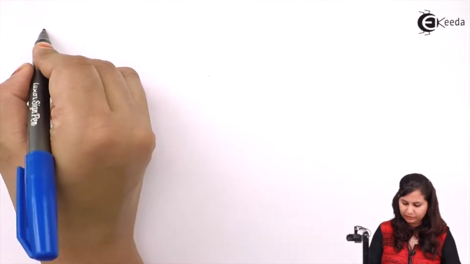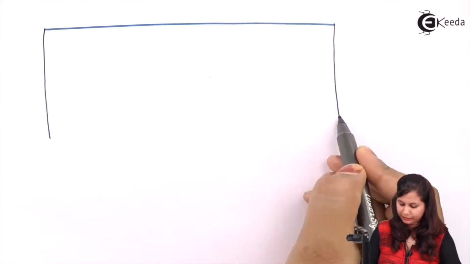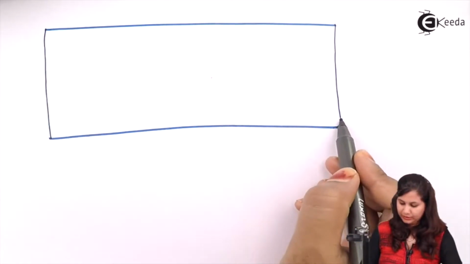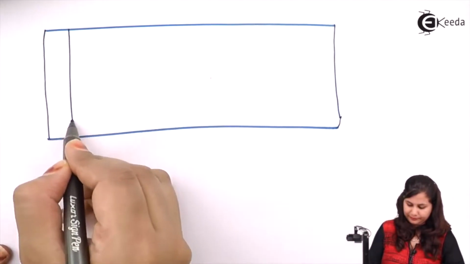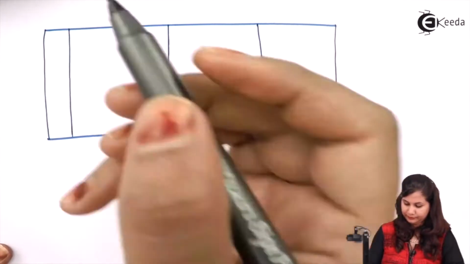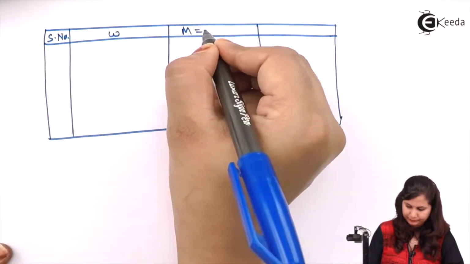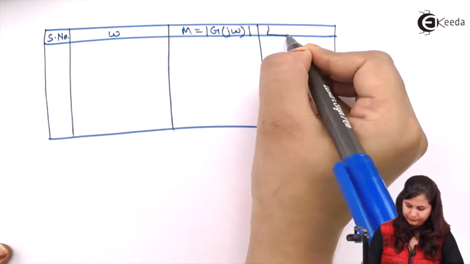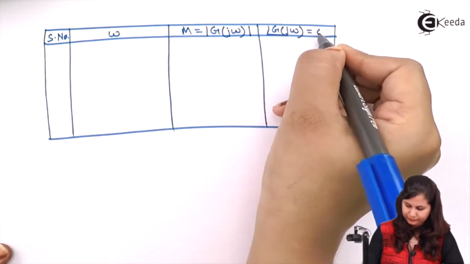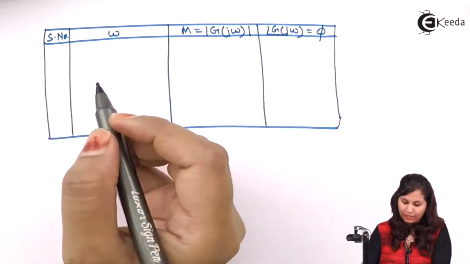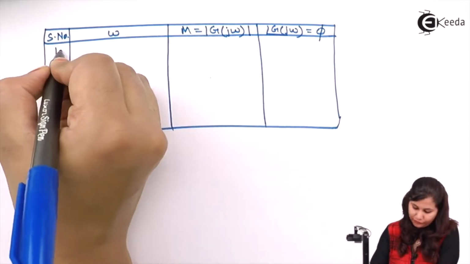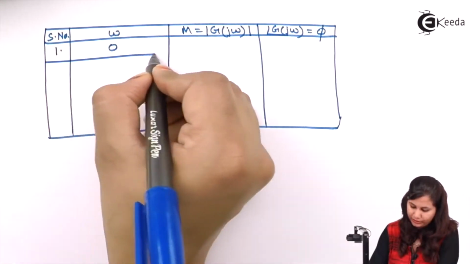We are having a table here. Okay, and now we will vary the value of omega from 0 to infinity.